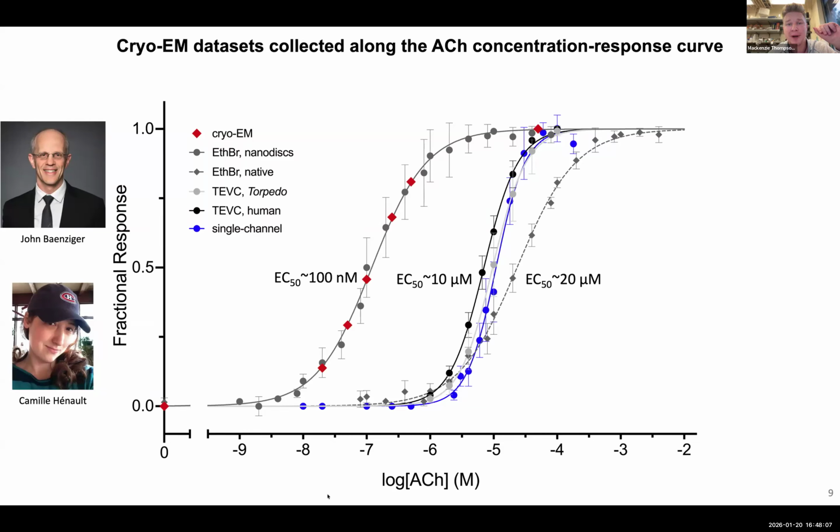This ethidium bromide binding assay is a conformational selective probe. You've all used ethidium bromide, probably. Well, maybe some of the older audiences use ethidium bromide for DNA gels, but it's a nice conformational selective probe for the nicotinic receptor. It only binds when it's active, so we can use it in a similar way as these electrophysiological recordings. And so I was pretty shocked to see how far the curve had shifted in the discs.